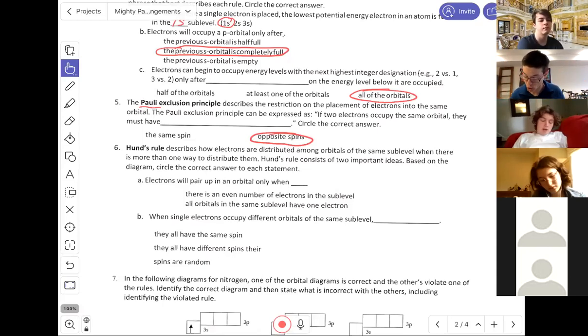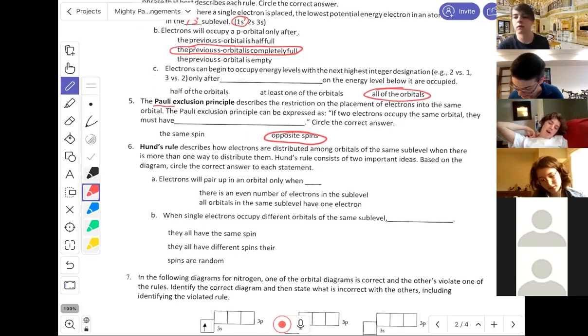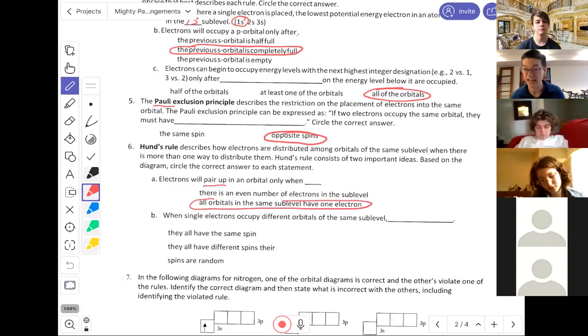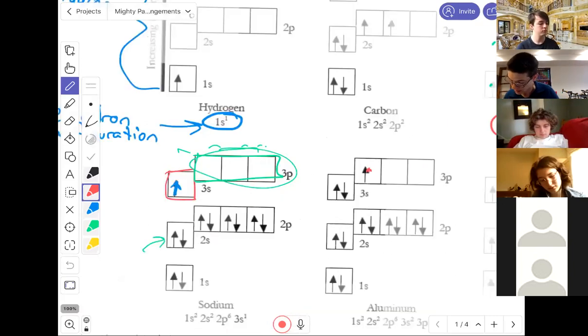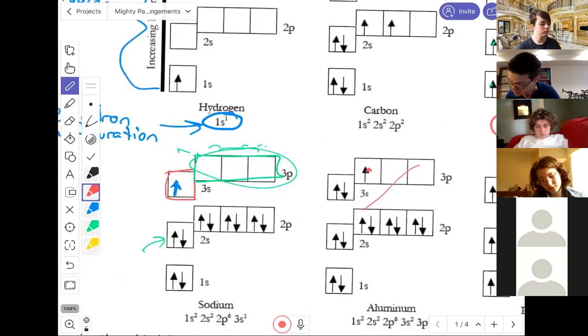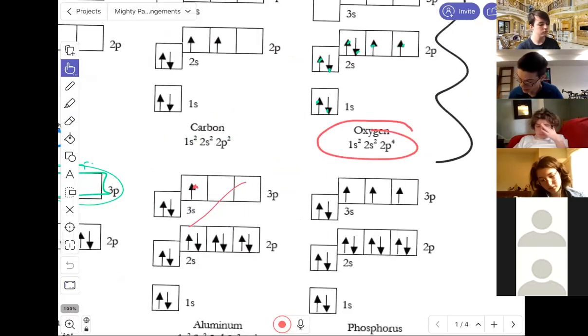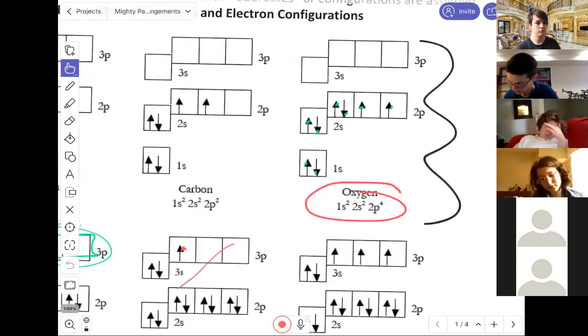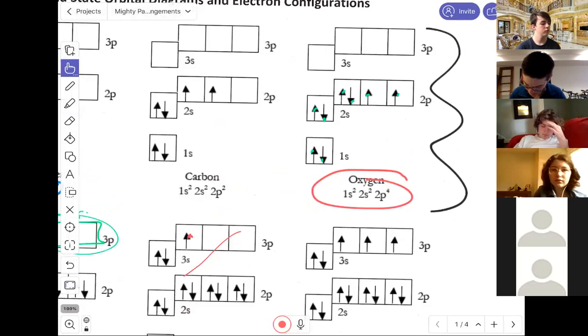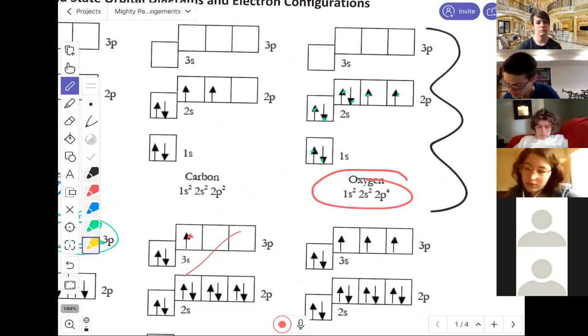So electrons are only going to pair up in seats when there is a single electron in everybody. And if you look at that, let's see who's got that. Okay, so if we look at these two, all right, this is what I'm talking about.